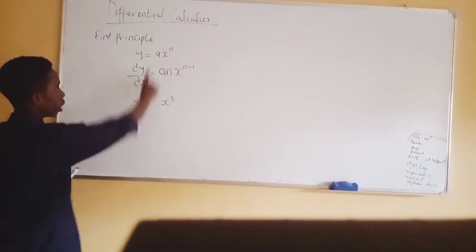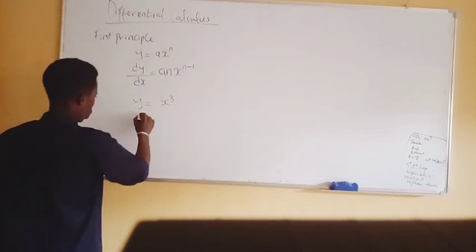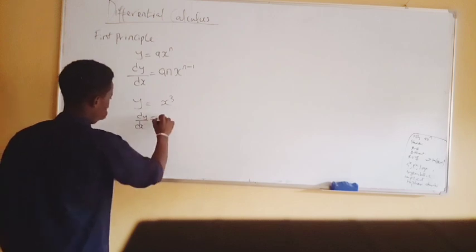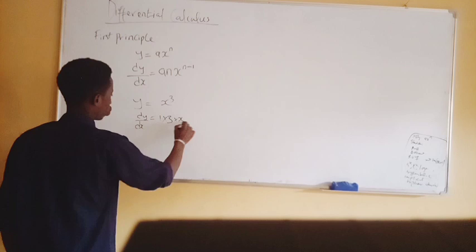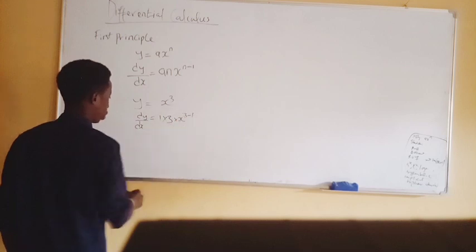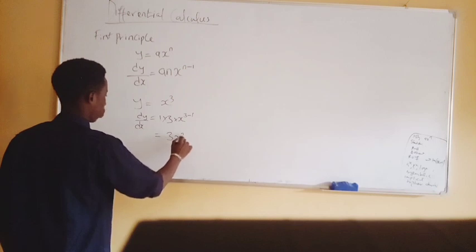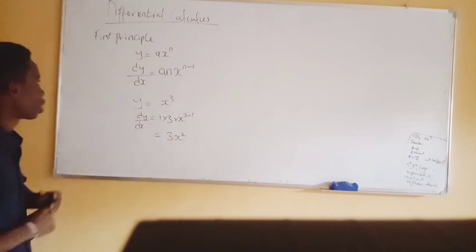So our a here is 1 and our n here is 3. So dy/dx gives us 1 times 3 times x raised to the power 3 minus 1. That gives us 3x squared. That's that.